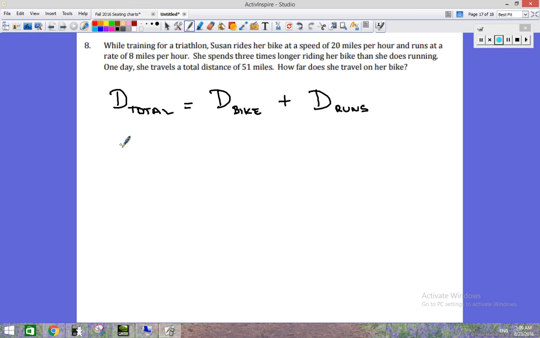So this 51 miles is split up, some of those miles we're riding the bike and some we're running. And distance is rate times time. So we want the rate and the time when she's on the bike, and the rate and the time when she's on foot running.